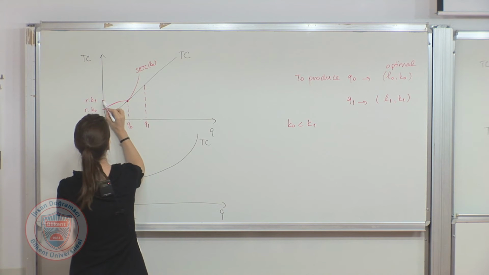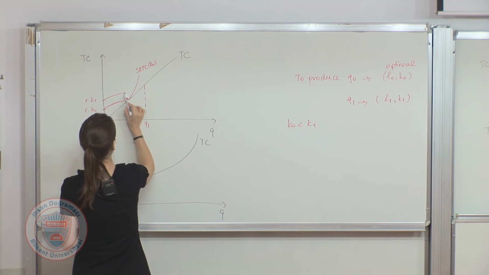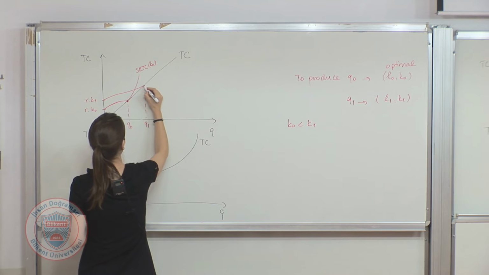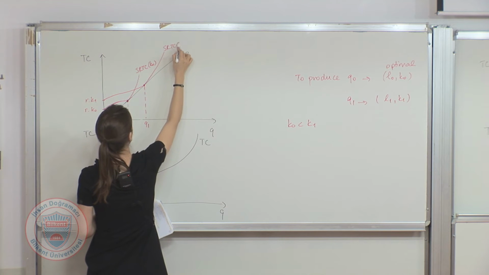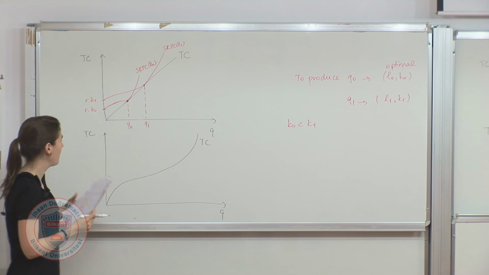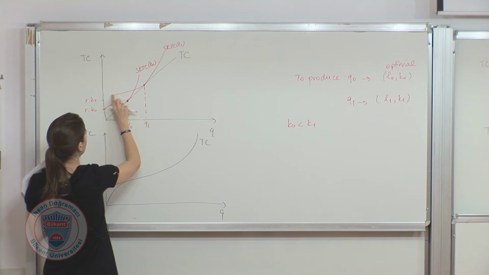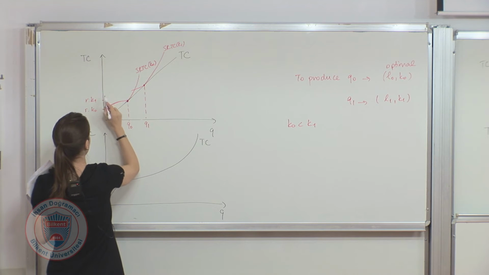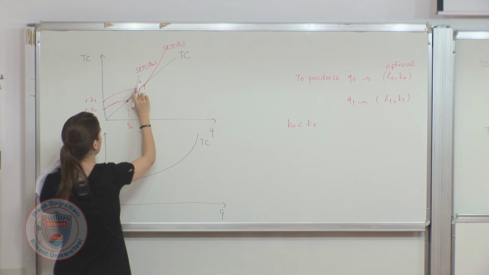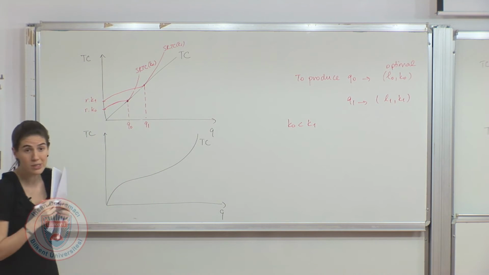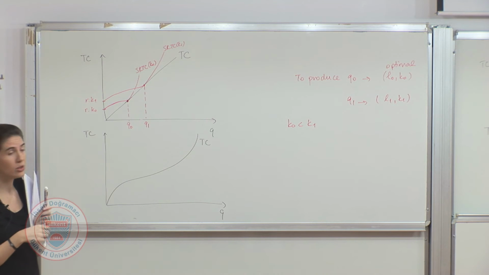From here it's going to be tangent, and it's going to go up. Short run total cost K1. This is not linear, so just have it a little bit curved like this. So you see, this is how we are going to draw them.